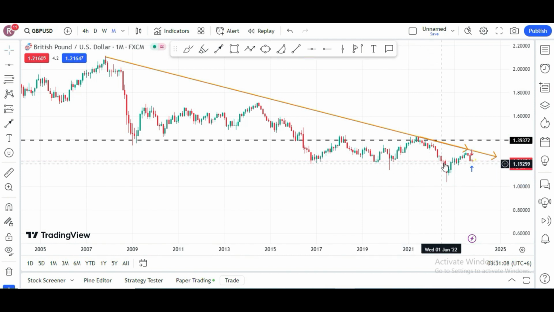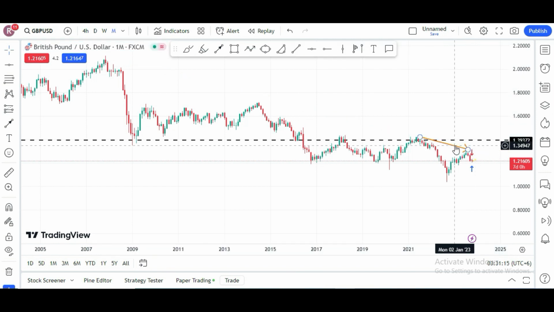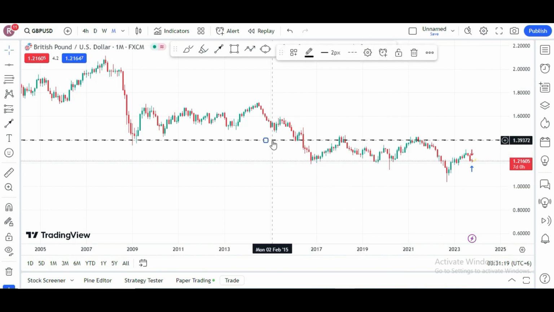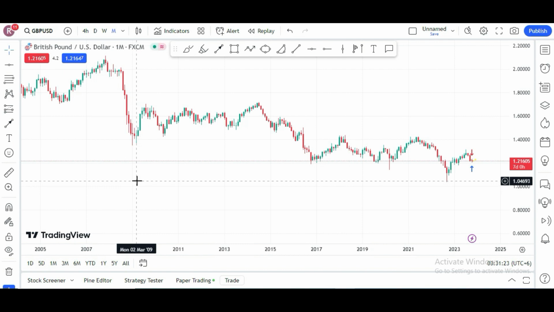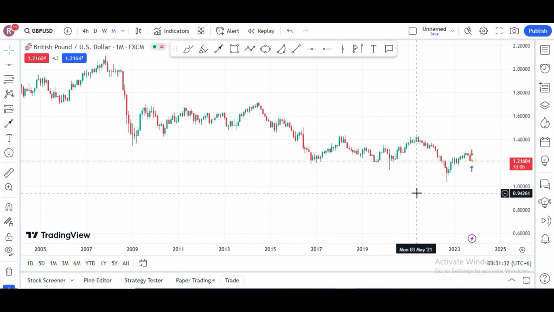So this is the beginning. I will take some time to analyze, so please bear with me. First of all, we can take data from here, which is in 2009, from here, from here, from 2021.